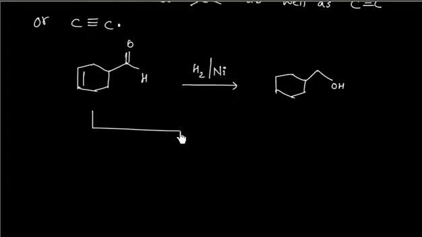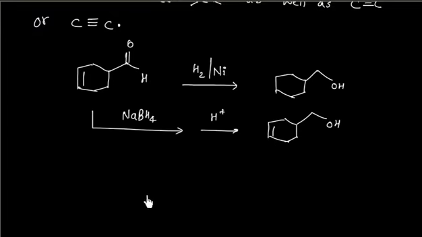But if I use NaBH4 followed by protonation, in this case only C double bond O will get reduced. C double bond C will not get reduced.